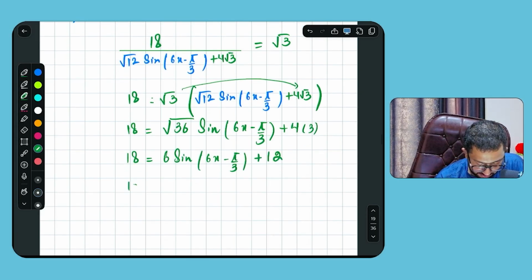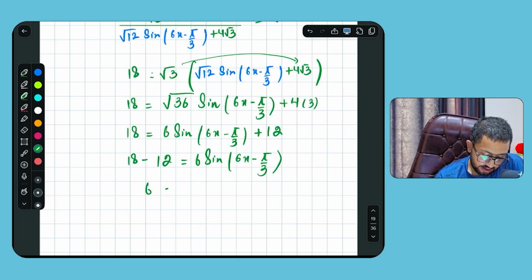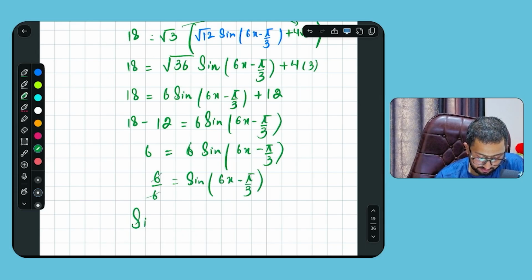Keep your eyes on the screen. 6x minus pi by 3. So 6 sine equal to 6. In this question, everyone knows that the sine will always give you 1, 0 or minus 1. So divide 6 to the other side. What will it give you? Yes, it will give you now 1.